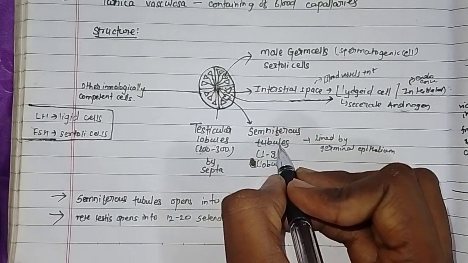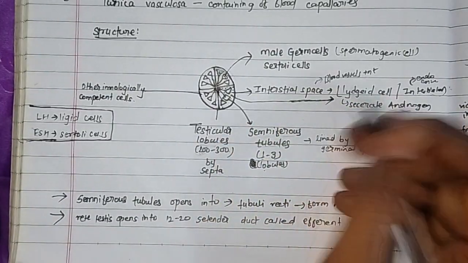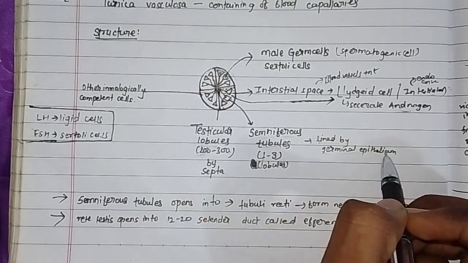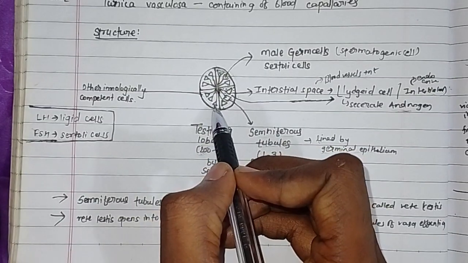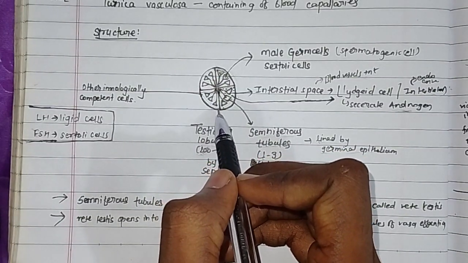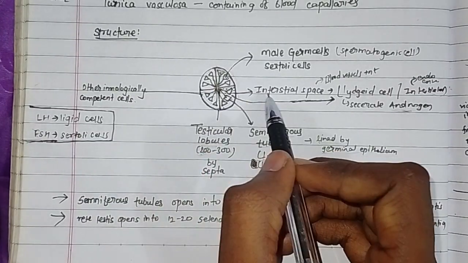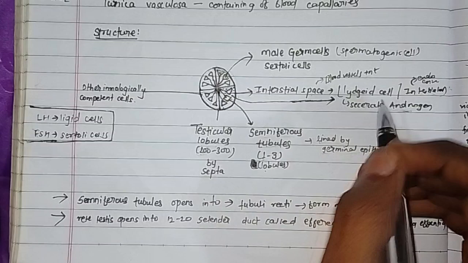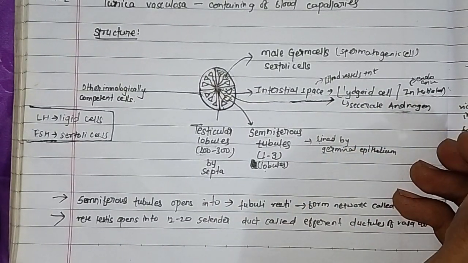These are called seminiferous tubules, present 1 to 3 per lobule, and lined by germinal epithelium. The spaces between the lobules and the seminiferous tubules are basically avascular, meaning there is no blood vessel present here. This is called the interstitial space, and it contains Leydig cells or interstitial cells, which secrete androgen.